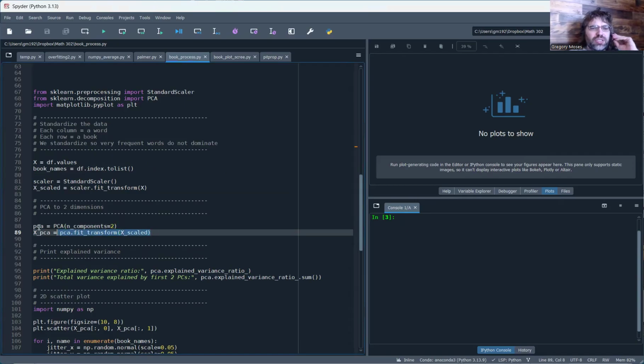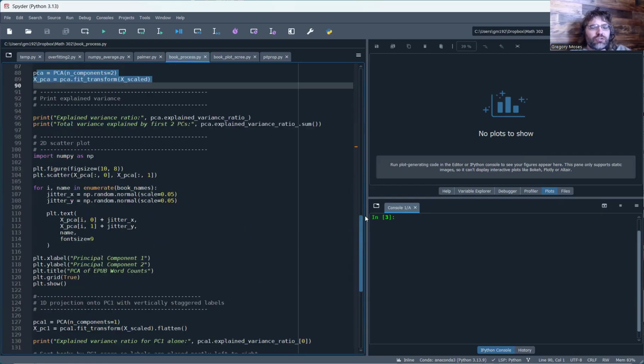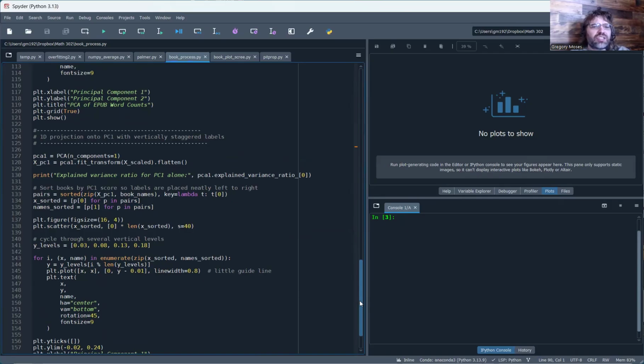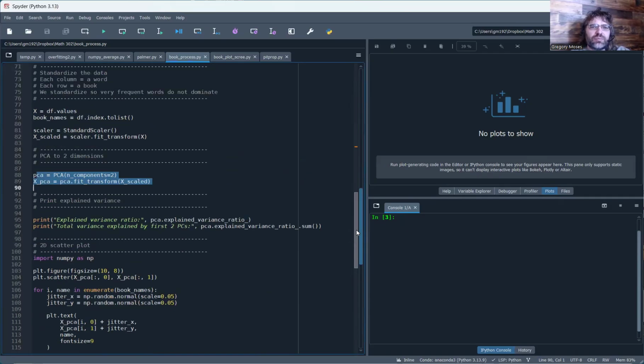I'll also point out that it's really easy to perform PCA in Python. It's just right there in sklearn. So the actual code to perform this analysis is extremely simple. And the rest of this is creating graphs and stuff like that.